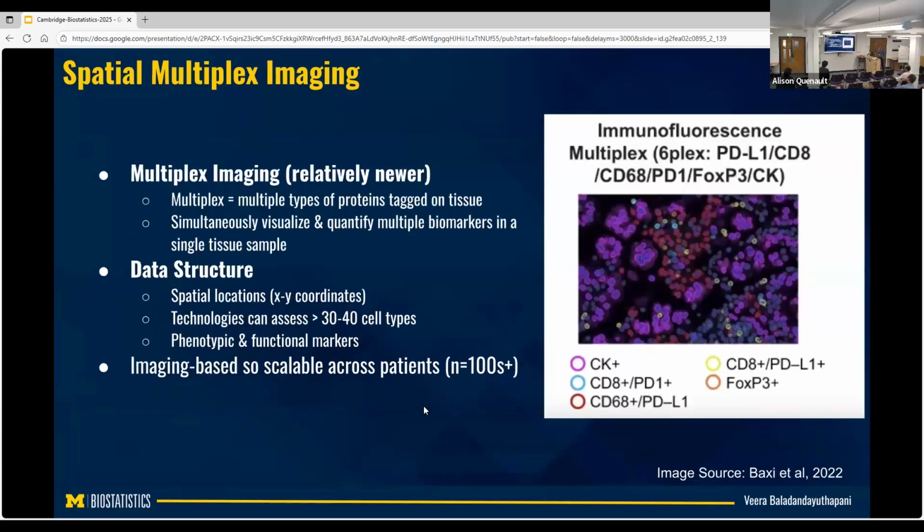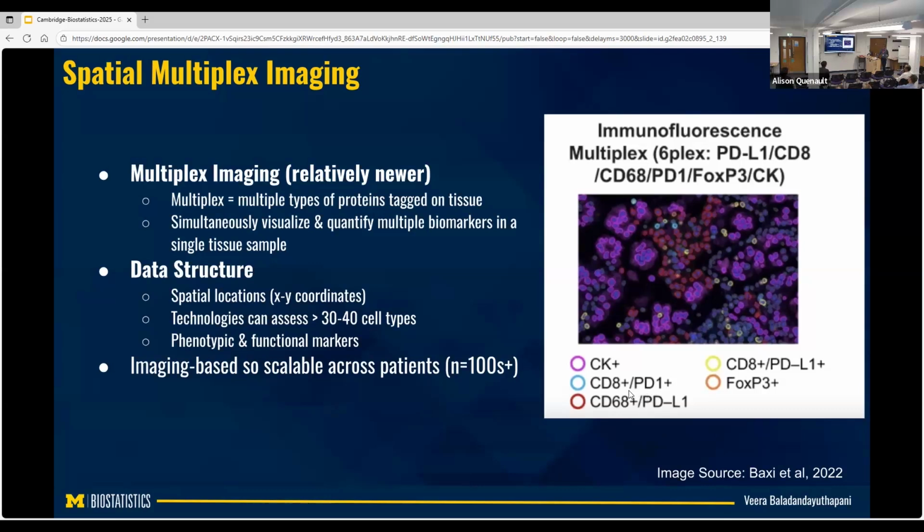As I said, the multiplex is a similar type of technology. It's called immunofluorescence staining. So essentially it is the same thing: you take a tumor, you put it on a slide, you basically paint it with different kinds of antibodies. So you paint it with red, you take a picture, you paint it with green, take a picture. So that gives you the identity of the cells.